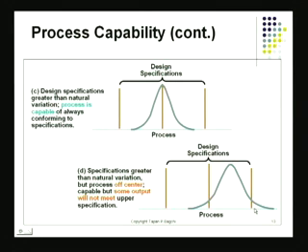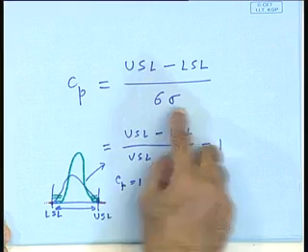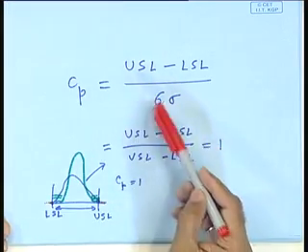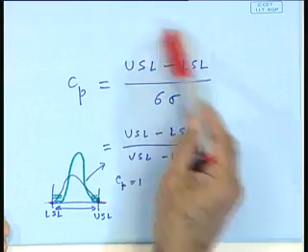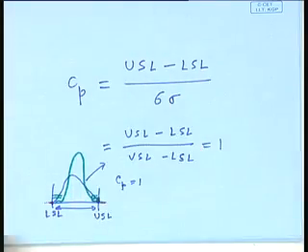What we have to then do is, first of all, look at the old measure of CP, which I showed here. I used a formula that was upper spec limit minus lower spec limit divided by 6 sigma. Notice this formula does not incorporate the target anywhere.